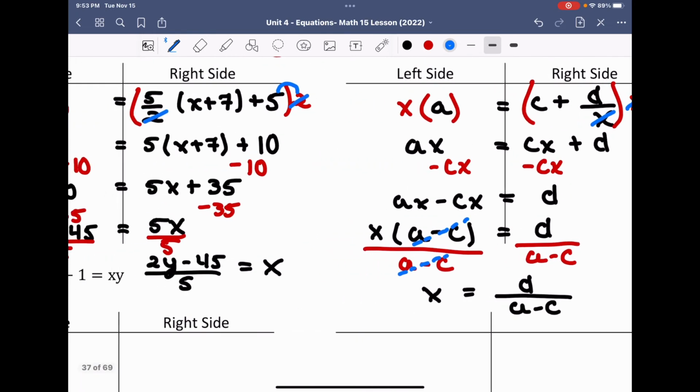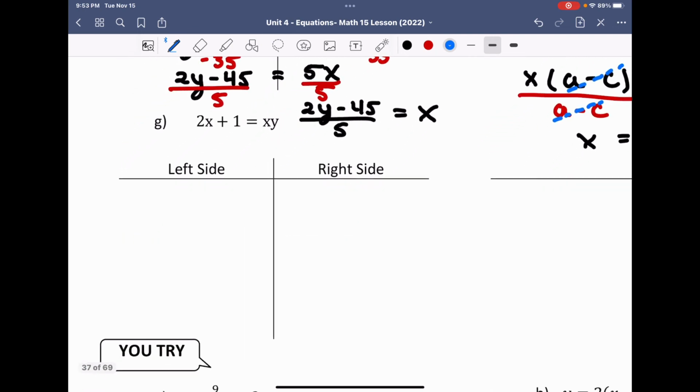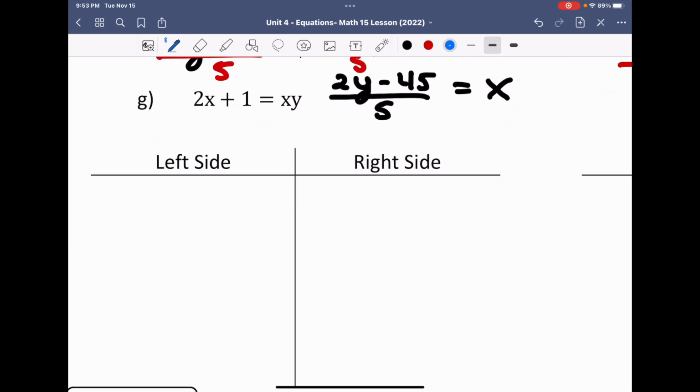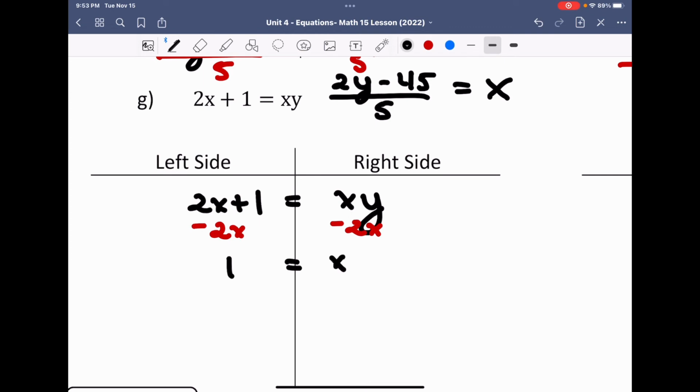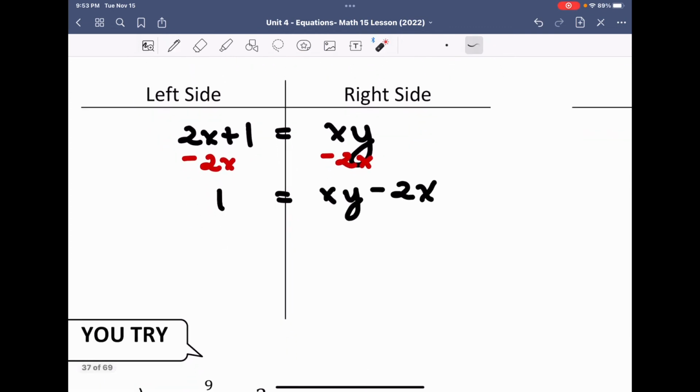Okay, let's see a comparable example below. I see 2 things with the variable that I need to isolate for. What does that mean I need to do? I need to take all those things and place them on one side. I have 2x plus 1 equals xy. This is our original. What if I subtract the 2x from both sides? This is going to give me 1 is equal to xy minus 2x. I would realize that a GCF here on the right is x.